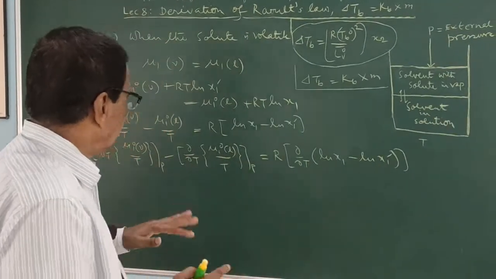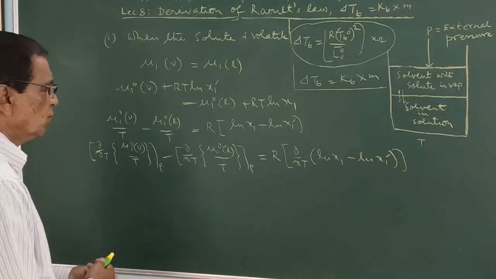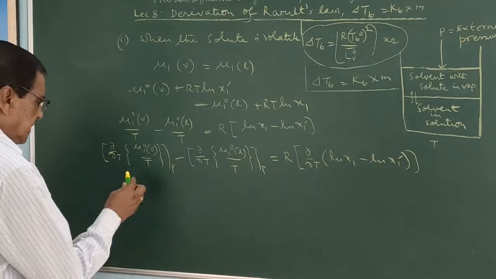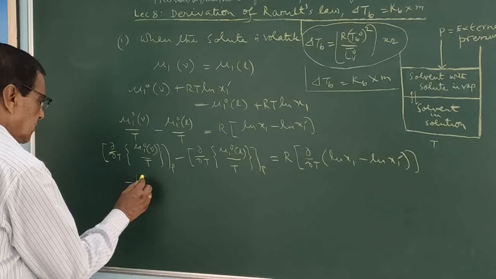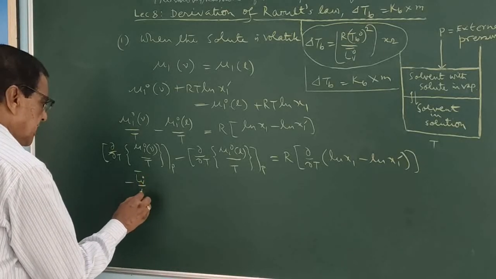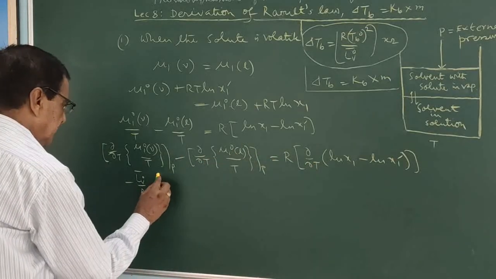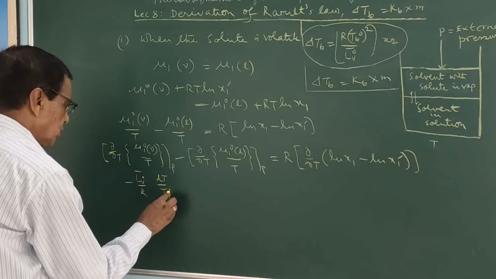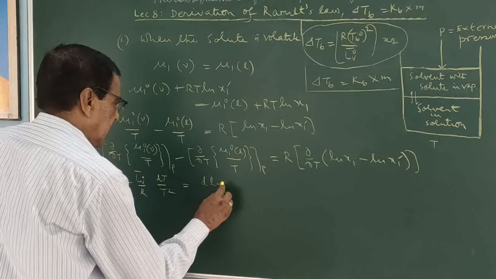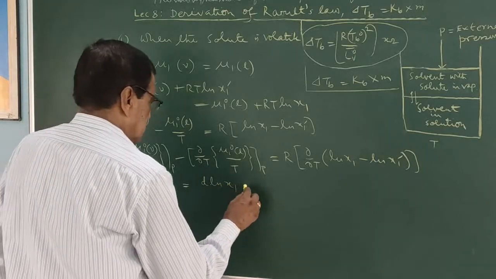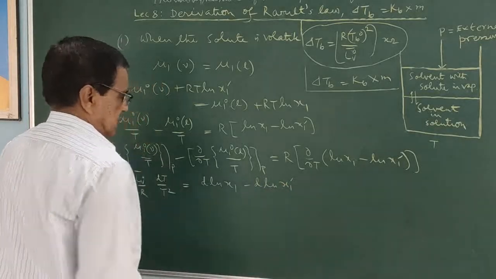Now we have seen that the left hand side will be equal to −Lv₀ bar divided by R, dT divided by T², and this one equals d ln x1 − d ln x1'.